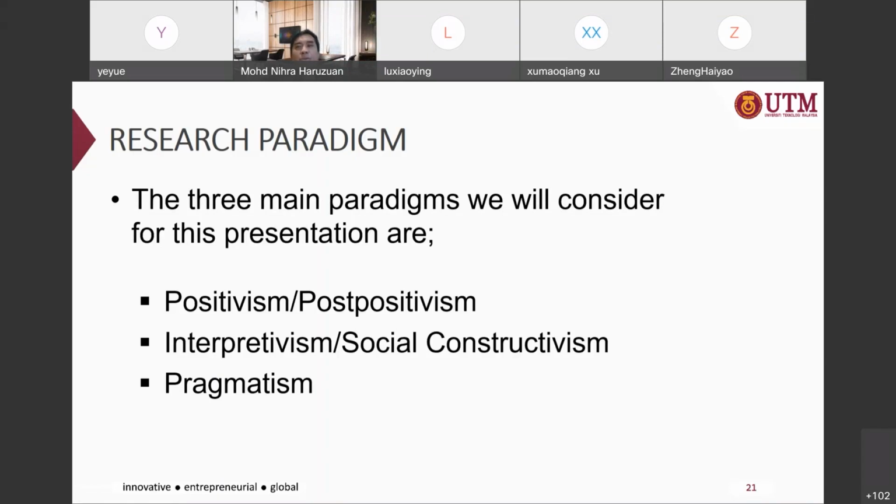I think most of you are familiar with those words. Then these words: positivism, interpretivism or social constructivism, and pragmatism. But we will go one by one.